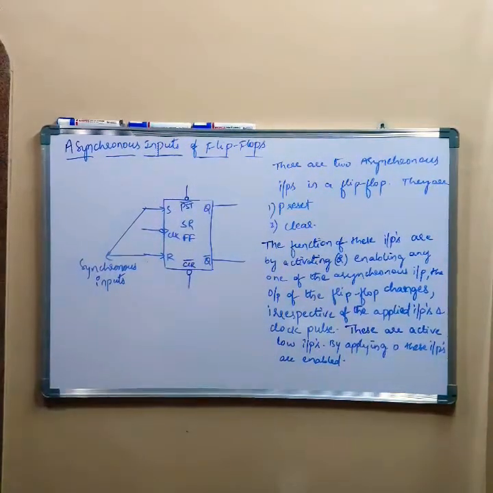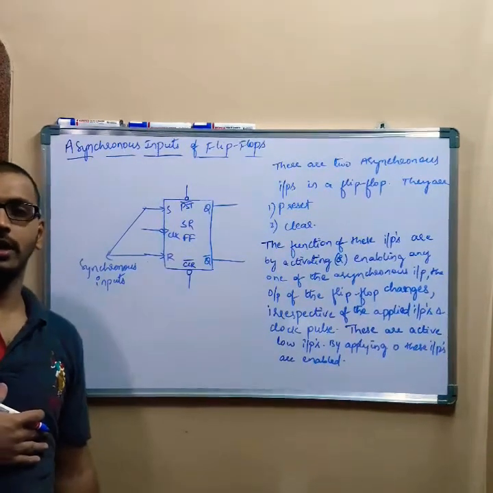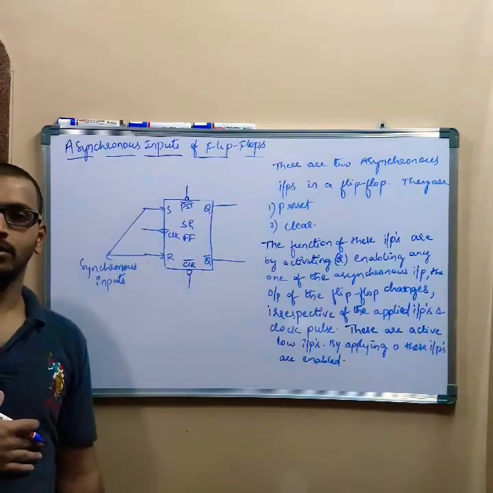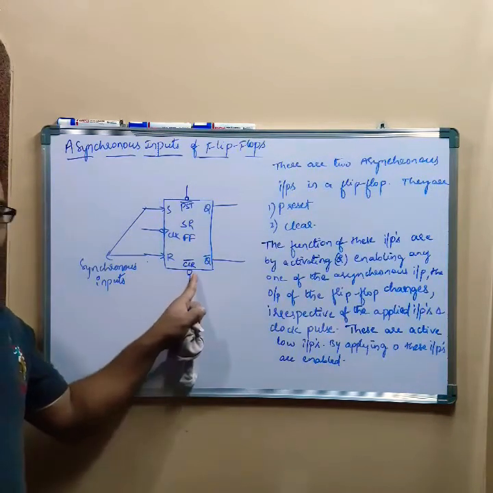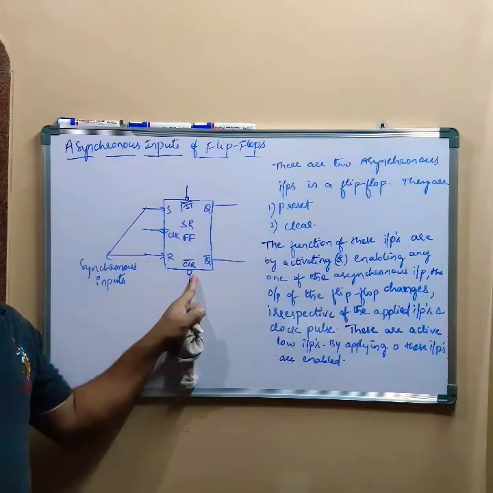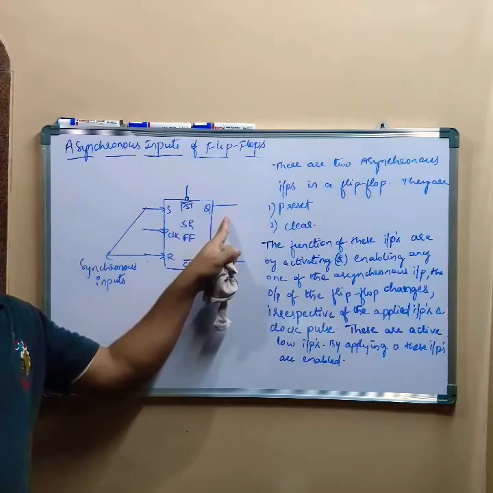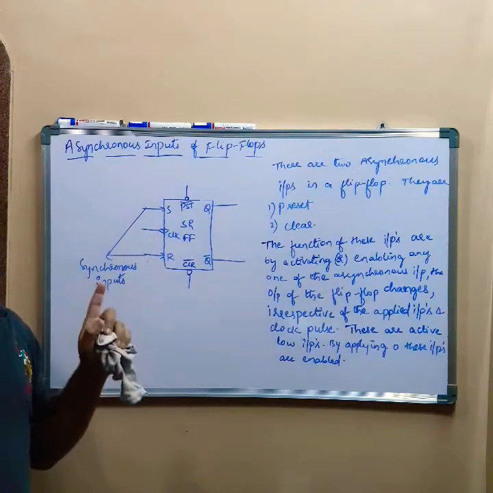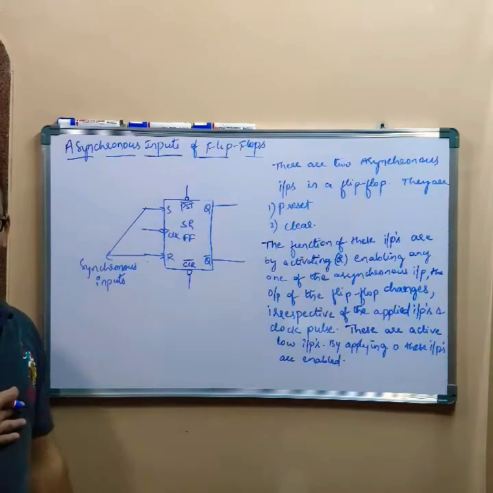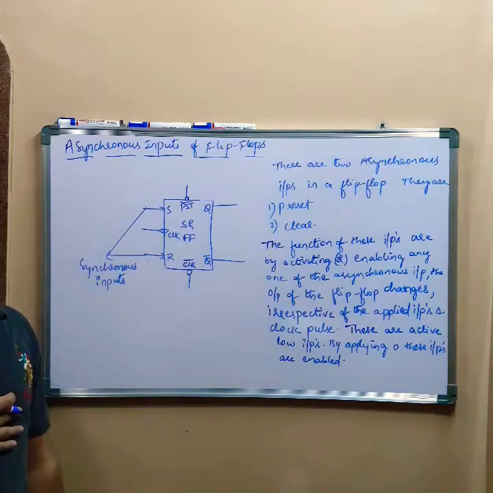If I activate this clear input, the output of the flip-flop is continuously 0 irrespective of the applied inputs and the clock pulse. Suppose I want to make the flip-flop output continuously 1.